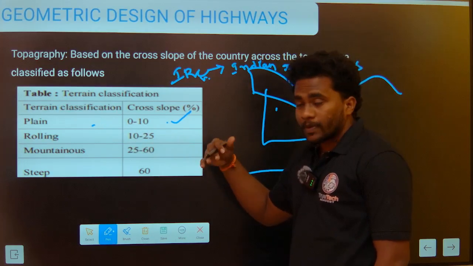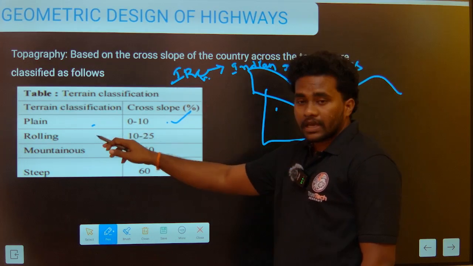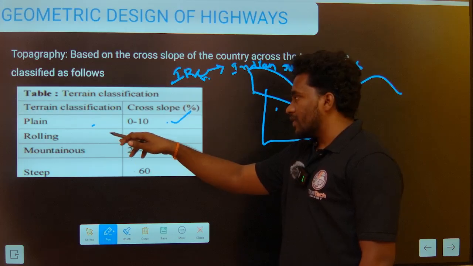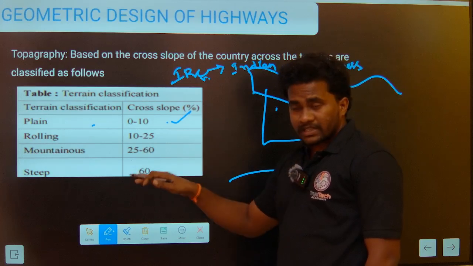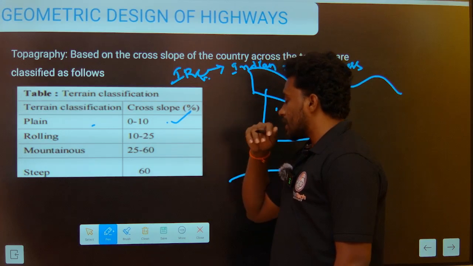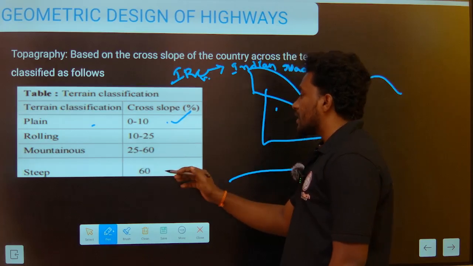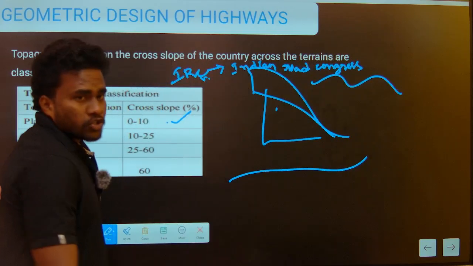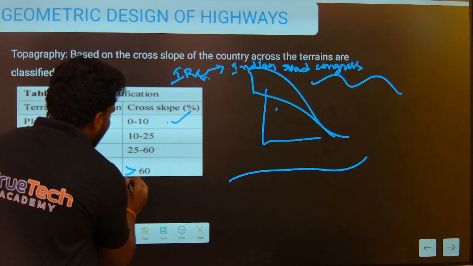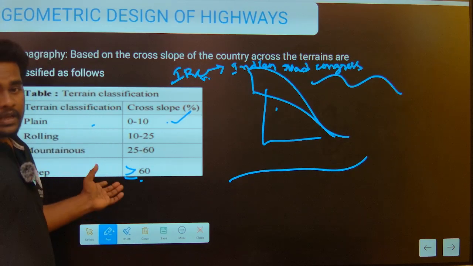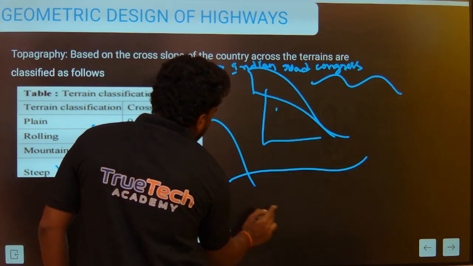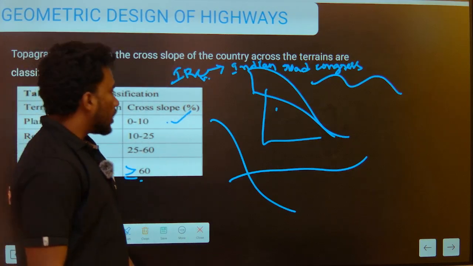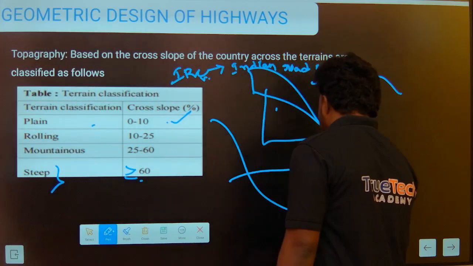If the cross slope is 10 to 25%, we call it a rolling terrain. If the cross slope is 25 to 60%, we classify it as a mountainous terrain. If the cross slope is greater than or equal to 60%, we classify it as a steep terrain. Steep terrain is nothing but like this, and we know about these cross slopes also.